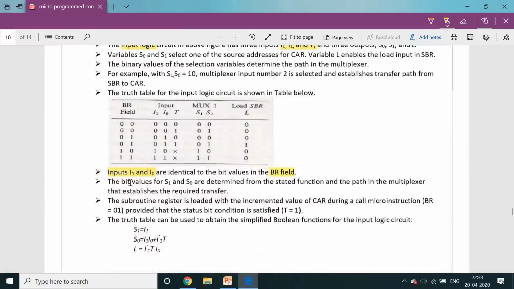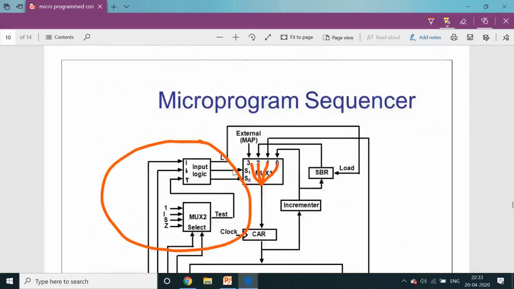Here the bit values of S0 and S1 are determined from the stated function. The path in the multiplexer is established for the required transfer. That means these 2 bits are connected to this multiplexer, and they decide which input signal is connected to the multiplexer output.